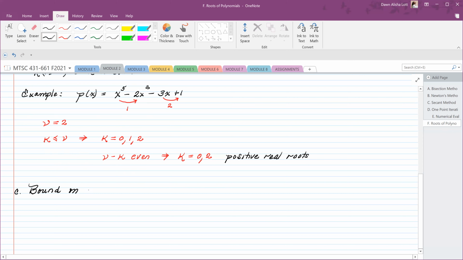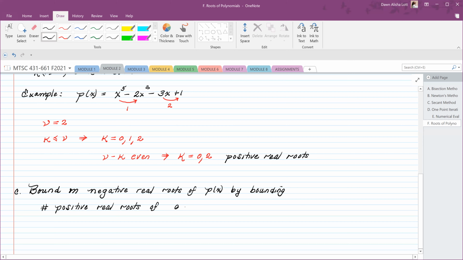on the negative real roots of P of X by bounding the number of positive real roots of a new function Q that I'm going to call P of negative X. All right, so what does Q look like?